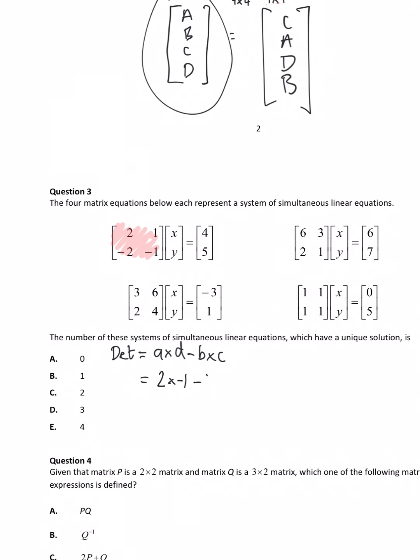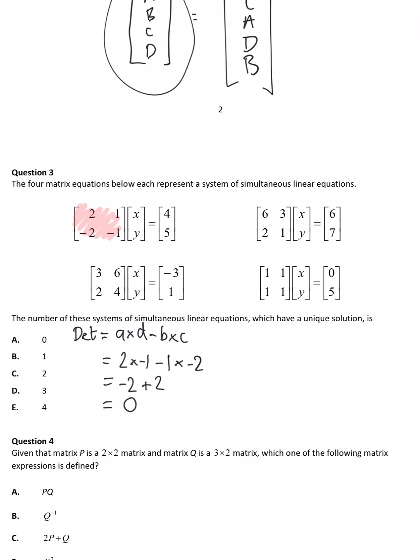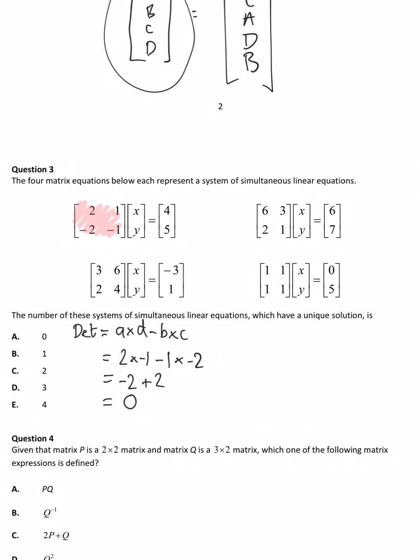Minus our B is 1, and our C is -2. So 2 times -1 is -2, and -1 times -2 is +2. So that equals 0, which means that one doesn't have a solution.